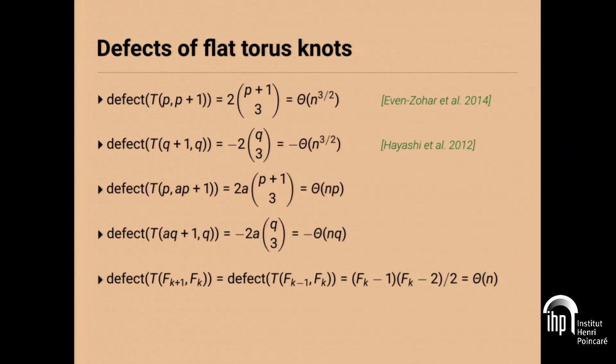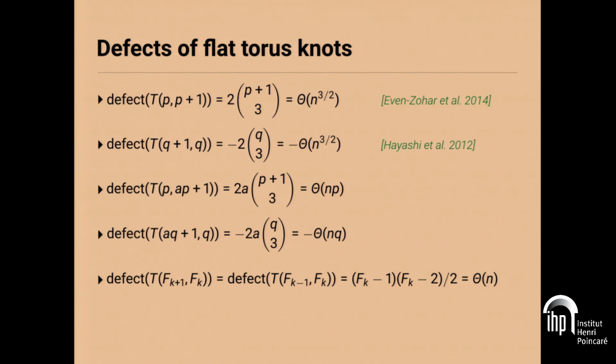And we were able to generalize results from earlier papers. So 2014, Evan Zohar et al., one of the et als is Joel. And a couple of years earlier, a set of Japanese authors studied these flat torus knots where the number of times you wind around is either 1 greater or 1 smaller than the number of times you oscillate back and forth between the inner and outer radius.